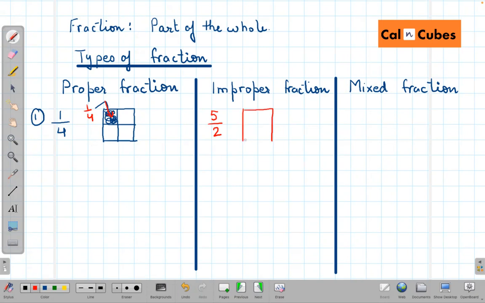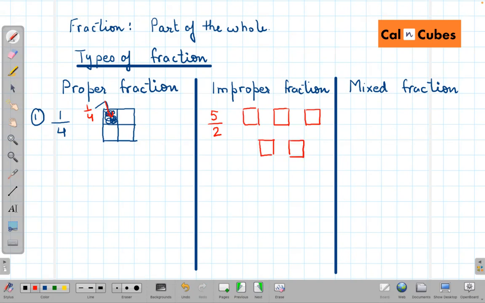Now I'm saying there are 5 squares. 1 square, 2 square, 3 square, 4 square, and 5 squares. I'll make small squares, otherwise it is becoming very big.